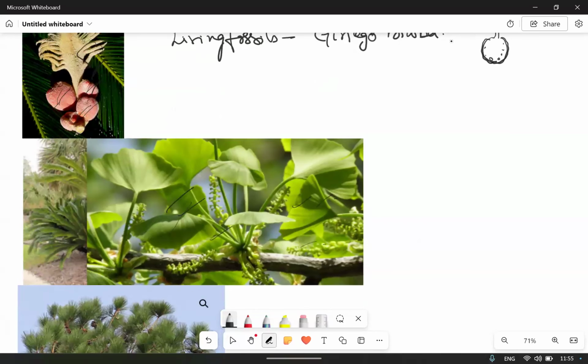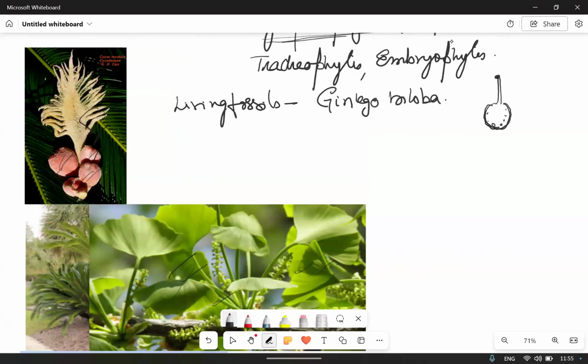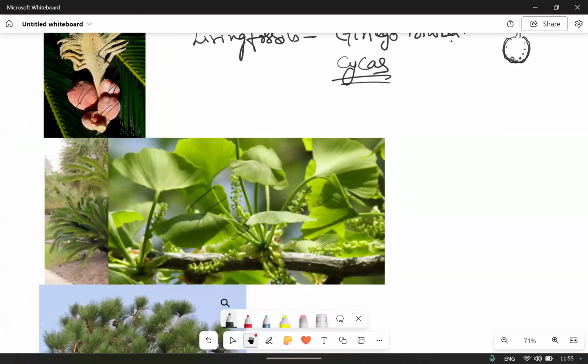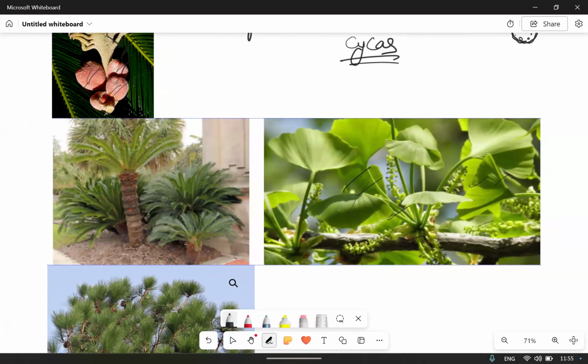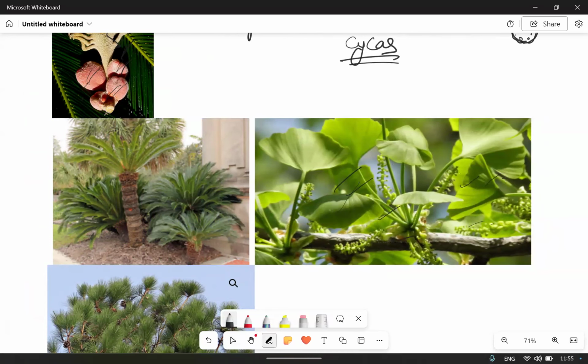This is Ginkgo biloba. Then cycas also. You see cycas? This one is cycas. This is ginkgo. Both are living fossils only.